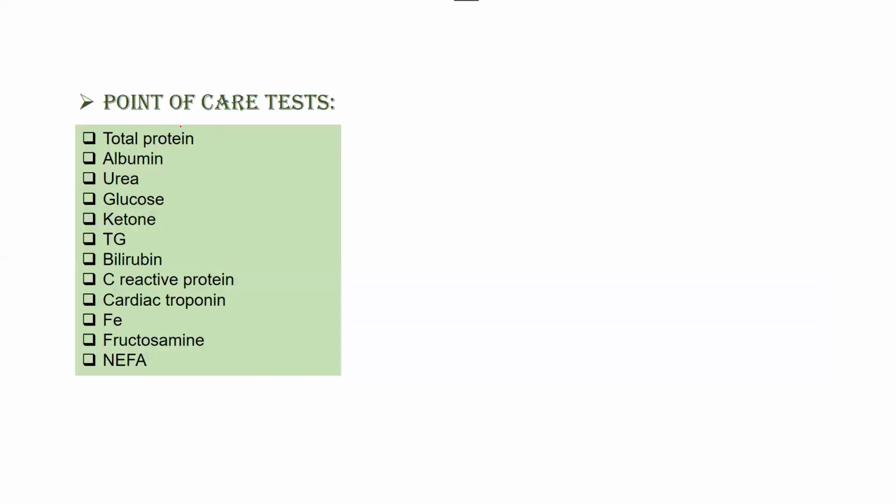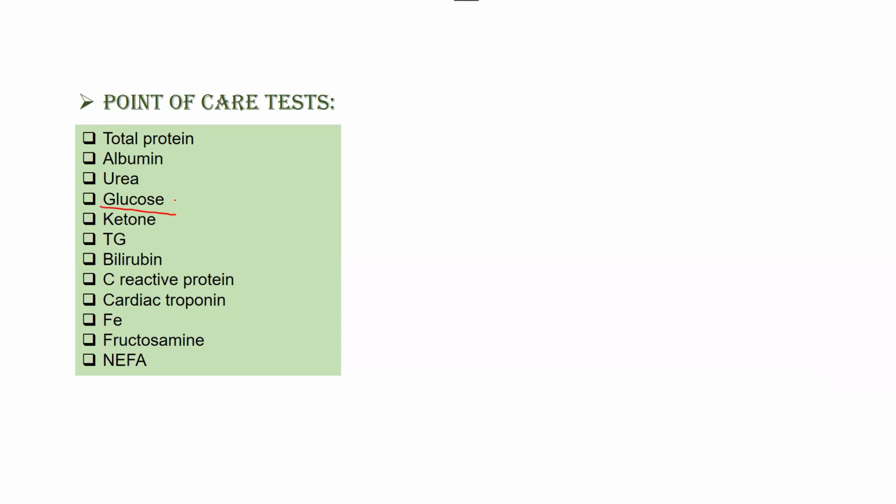Then we have some tests that are called point of care tests. What is a point of care test? These are basically tests performed by any tool that comes in handy for healthcare professionals to perform various biochemical tests in a clinical setting, and it provides quick results within minutes. For example, we have all seen the glucose machine that is present in, I guess, each and every house.